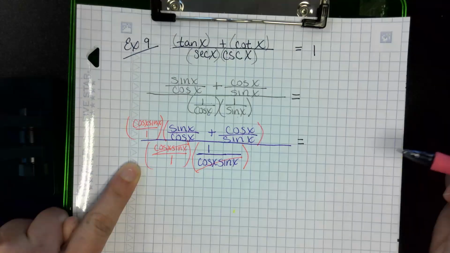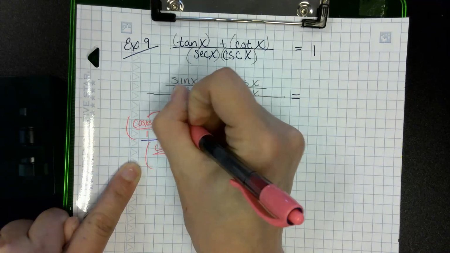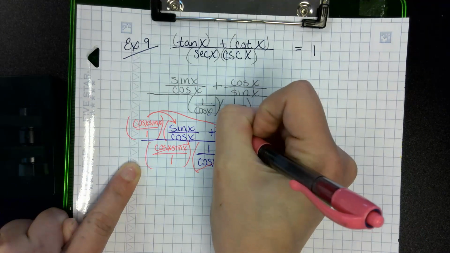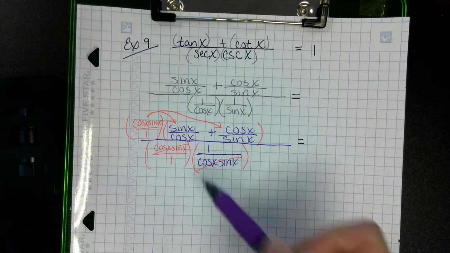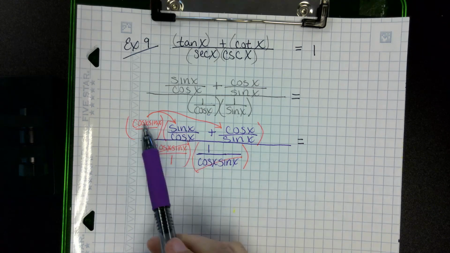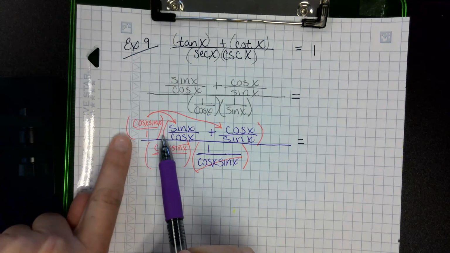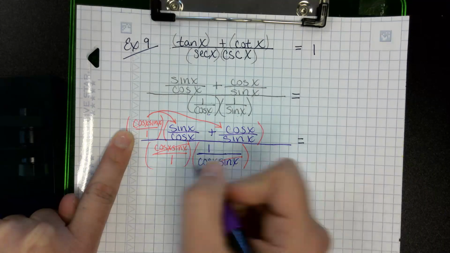There are 2 parts to my numerator, so I'm going to have to distribute to each one of them and multiply. Again, the denominator is pretty much gone, so I don't have to worry about that anymore. Here, I'm multiplying fractions, so cosine sine times sine gives me cosine sine squared.